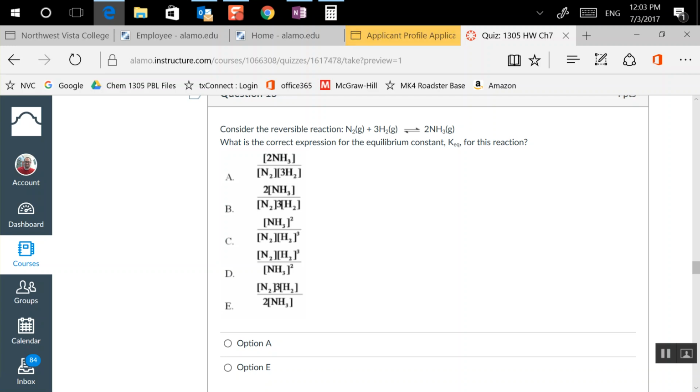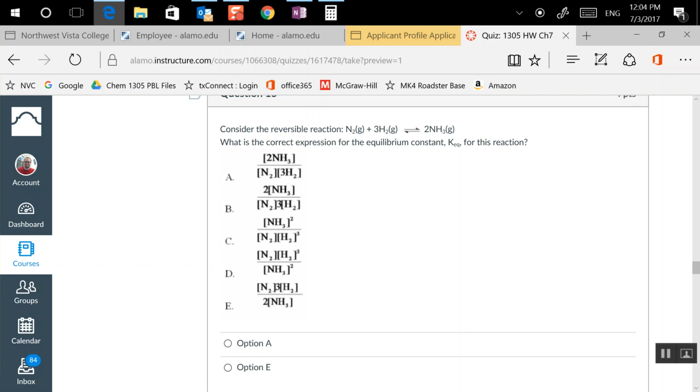I got to put it out as the power. So it would be NH3 squared, N2 power of 1, H2 cubed. The only one that matches that is C. So I would choose C. All the other ones are incorrectly written.